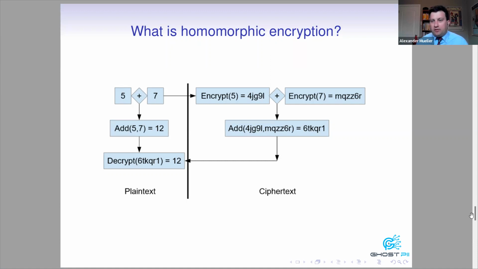The trick is that you can send that new nonsense back to me, and I decrypt it, and you got the right answer. You didn't know that you added 5 and 7 and got 12. But I knew the numbers were 5 and 7, and I didn't feel like adding them together because I'm really lazy for some reason. I sent them to you, and you did that work for me. Thank you. Now I know that their sum is 12.